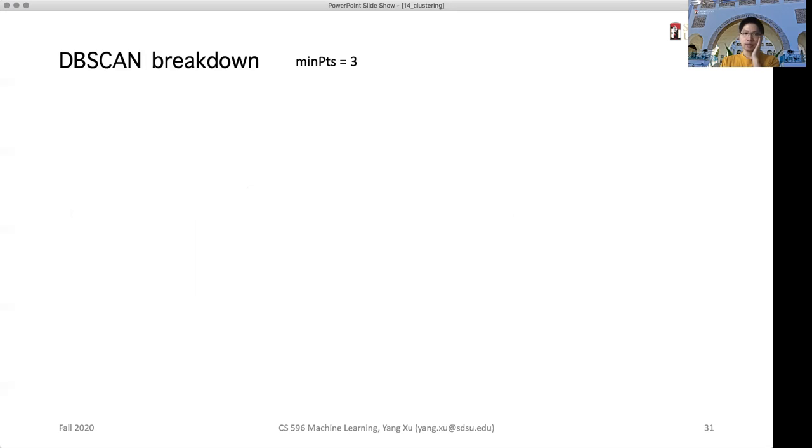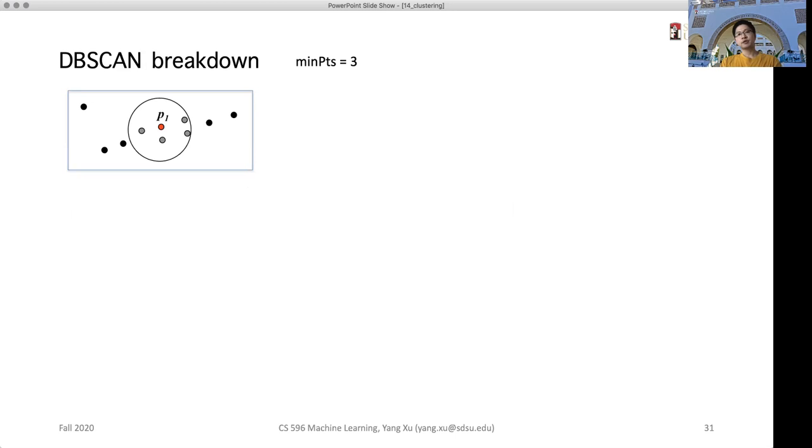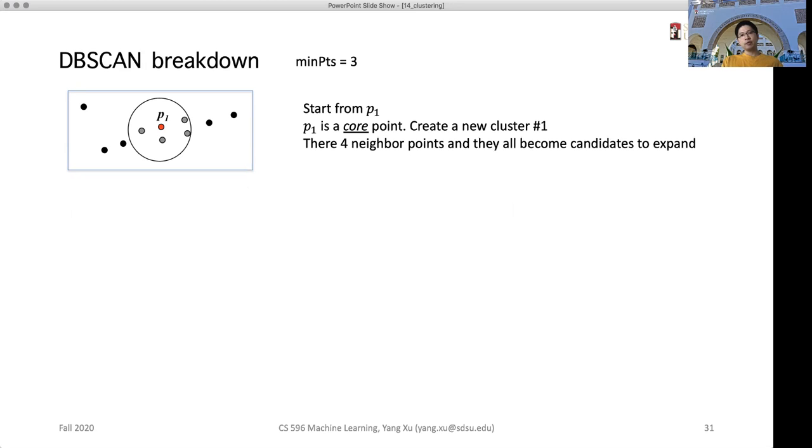So for example, now let's use an even simpler demo with minimum points equals 3. We start from P1, we draw an epsilon circle with epsilon radius, then we can find that P1 is a core point. So now we can create a new cluster, let's call it cluster 1. And the 4 neighboring points all become the candidates to expand.